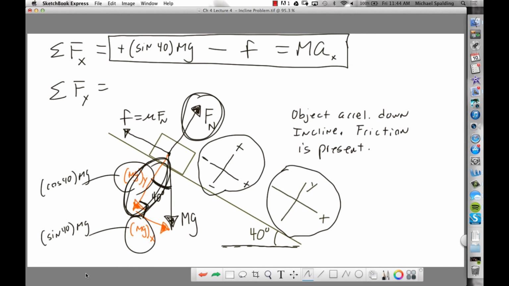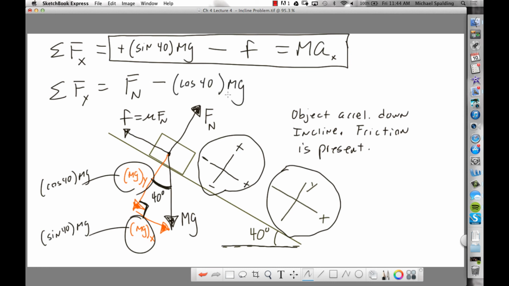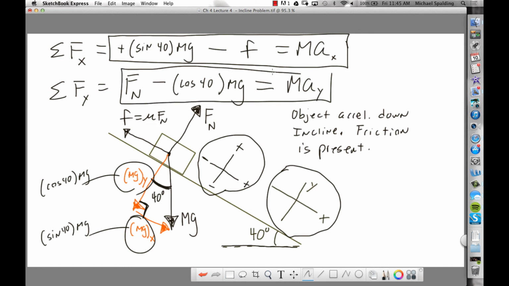Okay, so sum of the forces in the y, you're going to go normal force minus cosine 40 mg, right? What's cosine 40 mg? That's mgy. Equals ma, where that's a y acceleration.